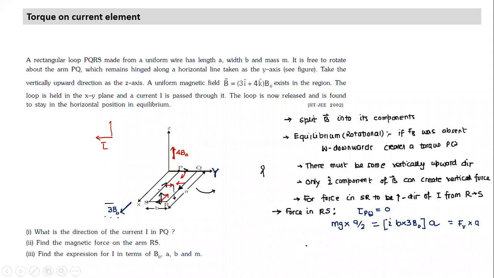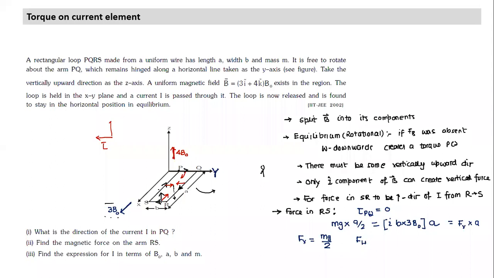What will the vertical component of force come to? The vertical component of force will come equal to mg by 2. mg by 2. Okay. And if you have found the vertical component, can we find out the horizontal component of force now?